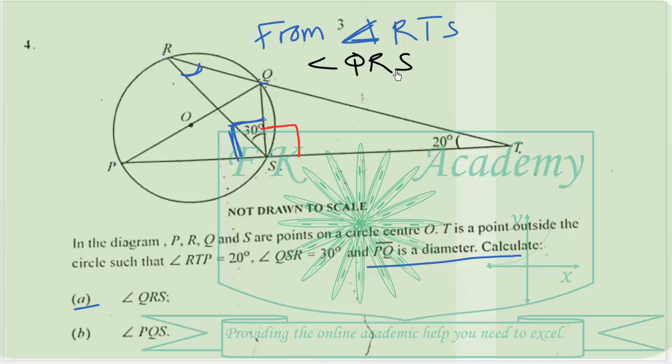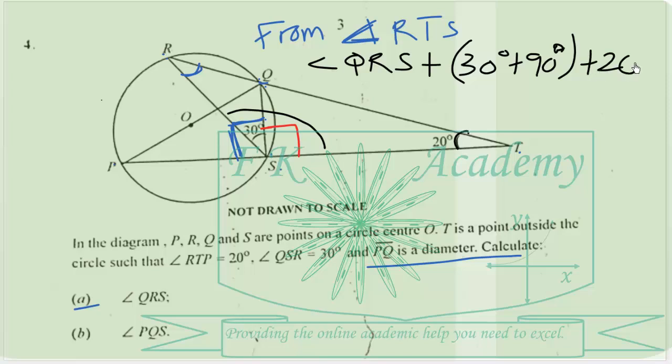When you add it to the angle here, which is 30 plus 90 degrees, and we add it to this angle here, the sum of interior angles of a triangle should give us 180 degrees.